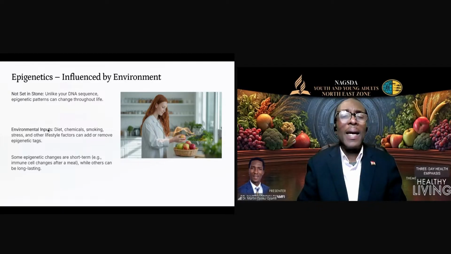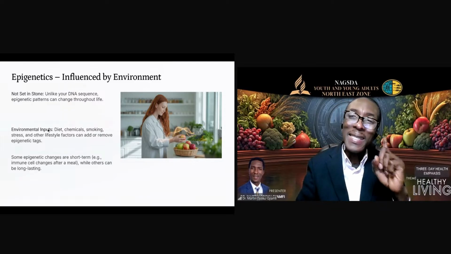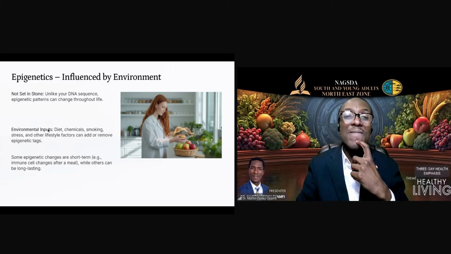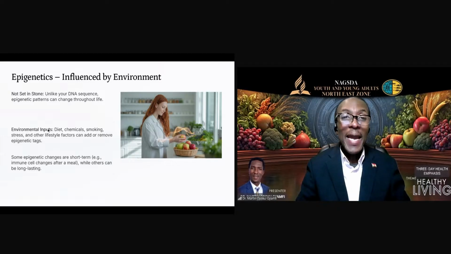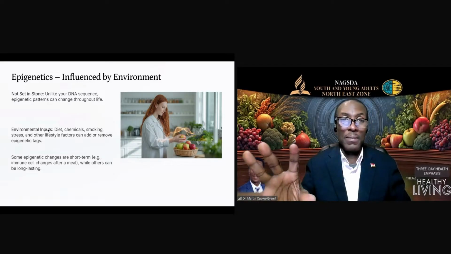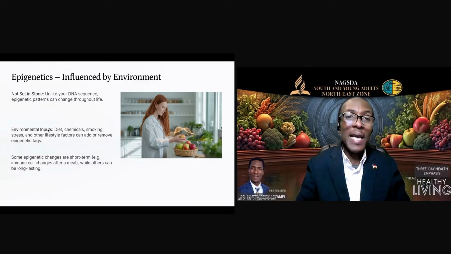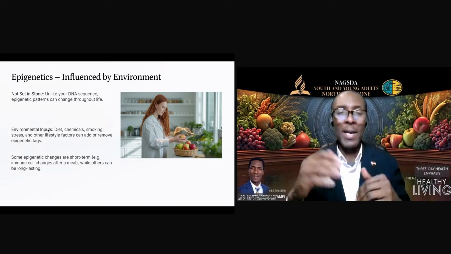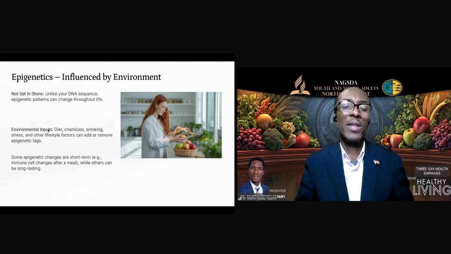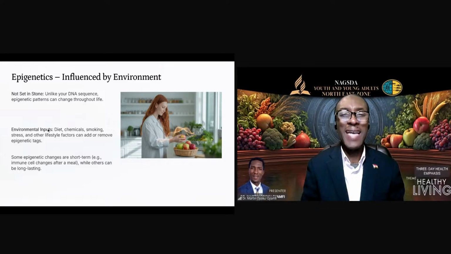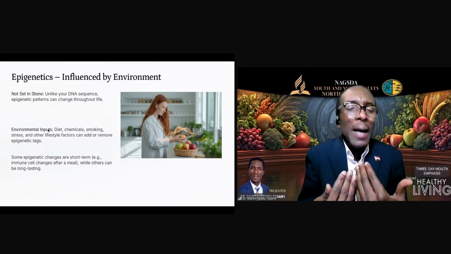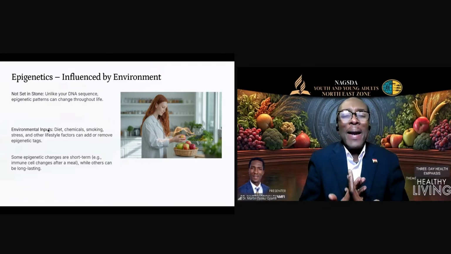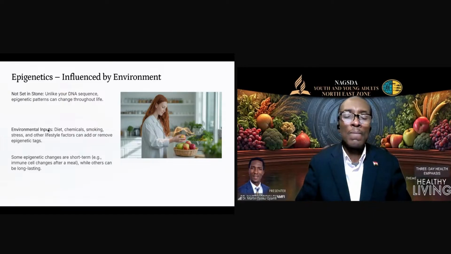Epigenetics is influenced by environment, as we have already seen. So epigenetics is not set in stone. Our DNA sequence cannot be changed, but epigenetic patterns can change throughout our life. This is where I started: as young people, a lot of the time we think, oh, I can eat whatever I want.